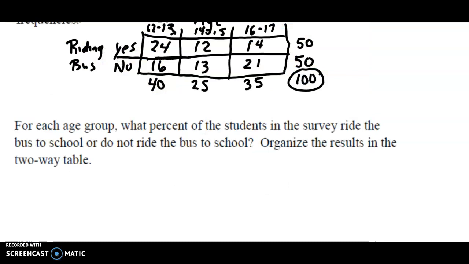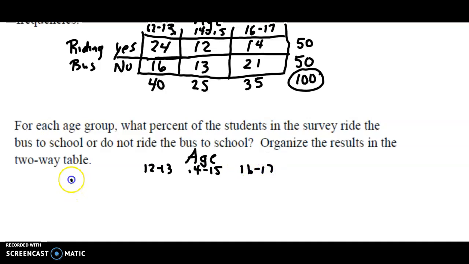Next part of the test says, for each age group, what percent of the students in the survey ride the bus to school or do not ride the bus to school? Organize your results in a two-way table. So we're going to create another two-way table that has the same exact categories as the one before. Again, the first question was, how old are you? So that's the age: 12 to 13, 14 to 15, 16 to 17.